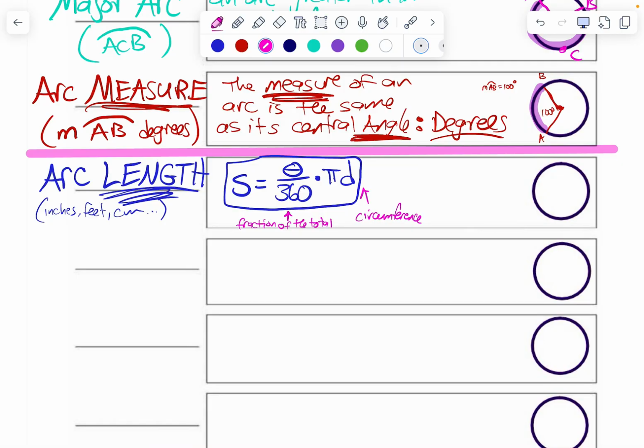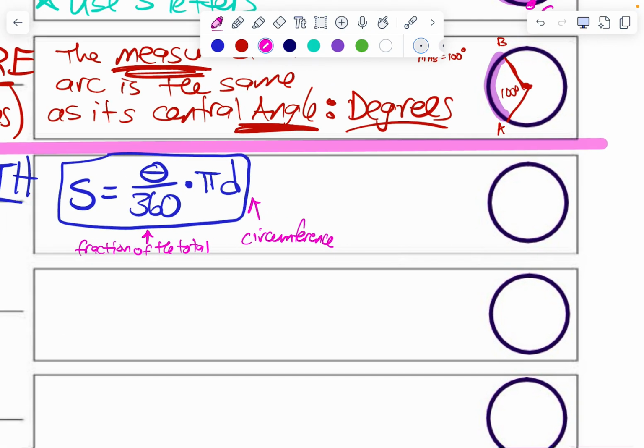Theta out of 360, that's the fraction of the total. And now we're saying total of the circumference. So in the picture, let's put theta in the middle at the central angle. And of course, we're highlighting that we're taking that length. Okay, this is a length now.